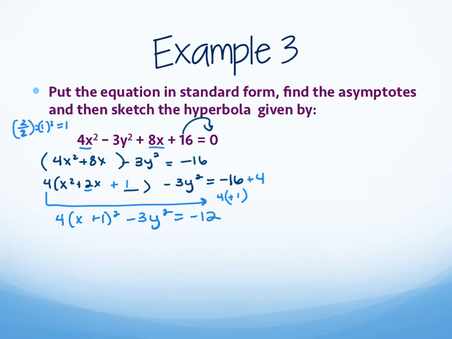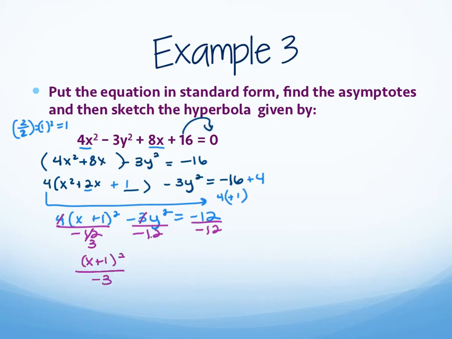Now I need to get it equal to 1. So I'm going to take and divide everything by negative 12. So not only is this changing the values, but this is also changing which of my variables is positive and which one's negative. 4 goes into 12 3 times, so this is x plus 1 squared over negative 3.